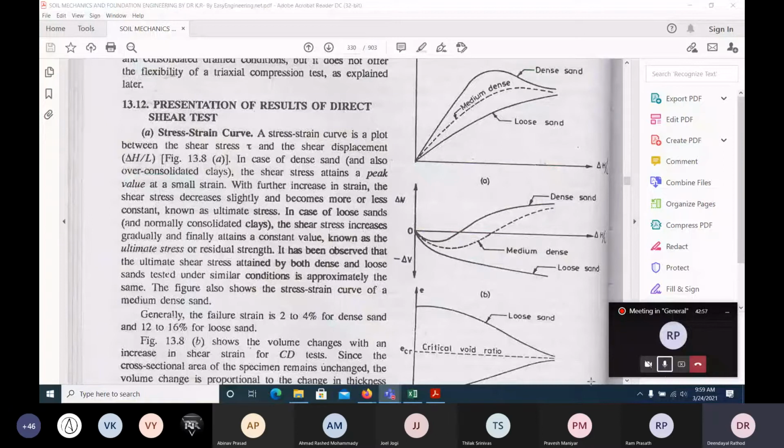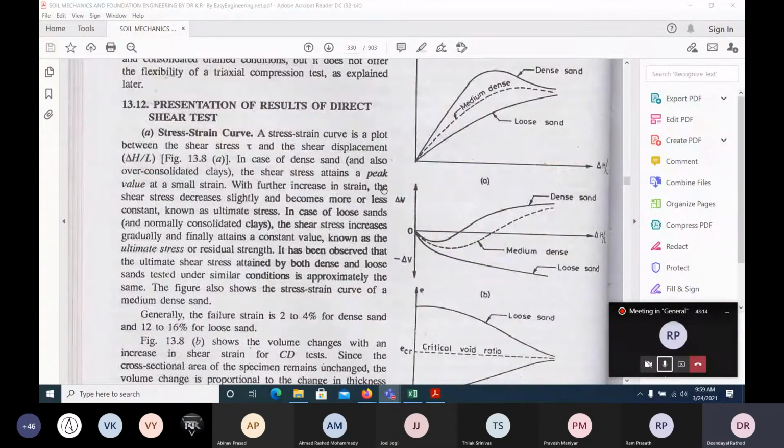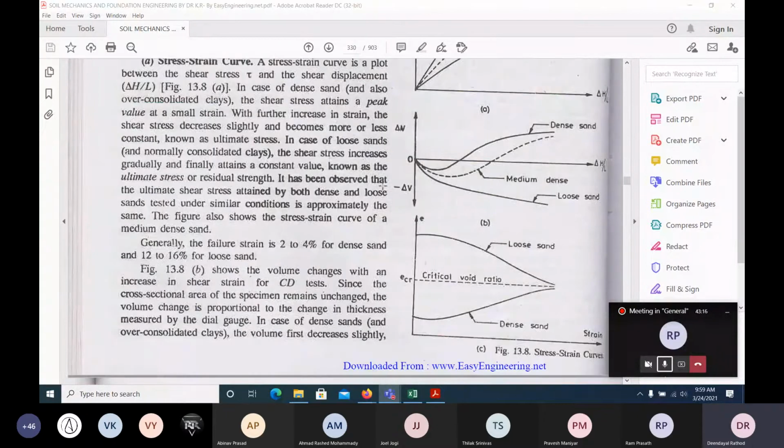Sorry. So when you try to draw this stress strain curve, y-axis tau shear stress, x-axis shear strain, then it is found that dense soil will have this peak and then come down. In the second case, volume change is drawn with increasing shear strain for the CD test, because volume will change.